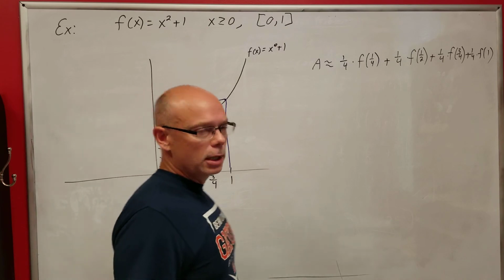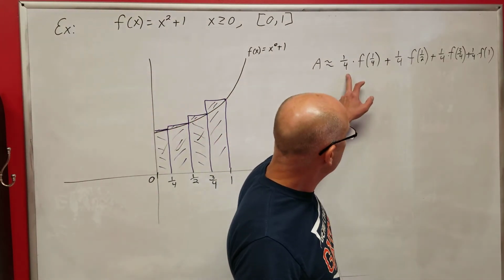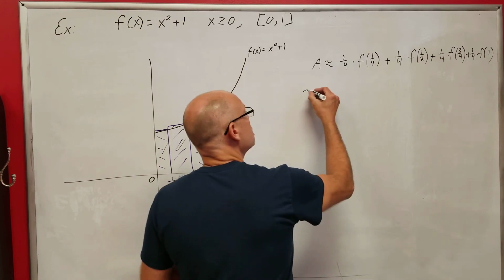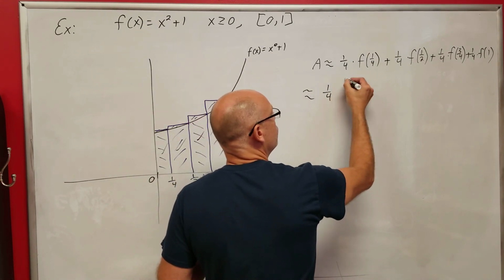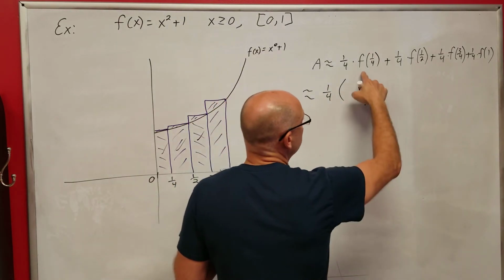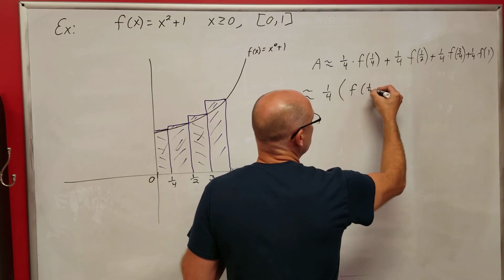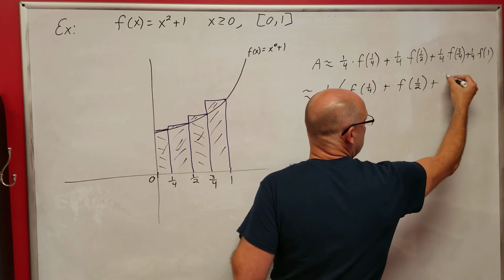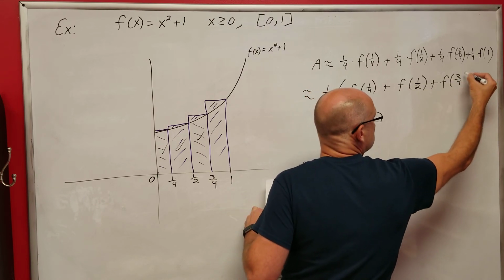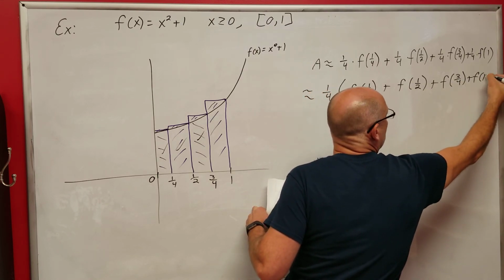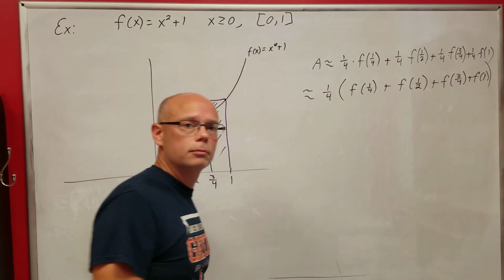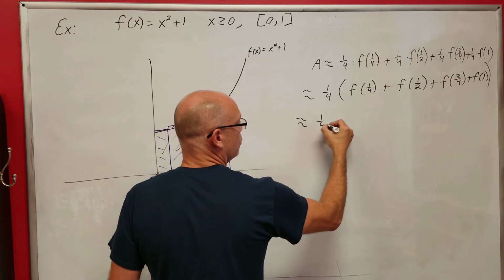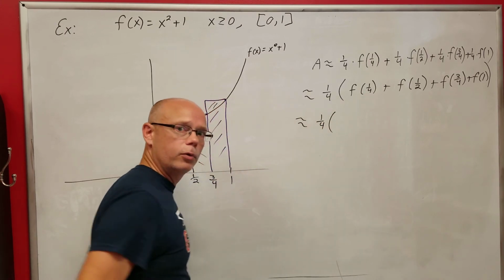Now, just to make things look a little neater here, notice how they all have a factor of 1/4. So what I'm going to do is factor out that 1/4. If I factor that out, I'm left with f at 1/4 plus f at 1/2 plus f at 3/4 plus f at 1. So that gives me 1/4 times, what's f at 1/4?